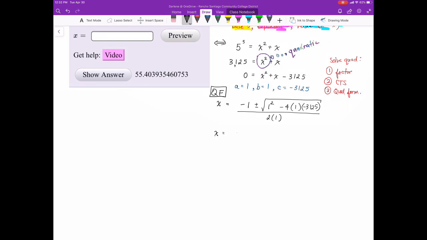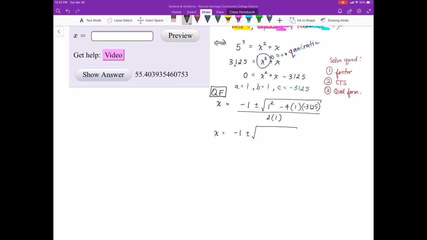Great. Moving on, I'll get negative 1 plus or minus the square root of, and I just want you to notice that we have 1. Don't be alarmed, this won't be complex, because we have minus 4 times minus 3,125, which means it's just an addition.